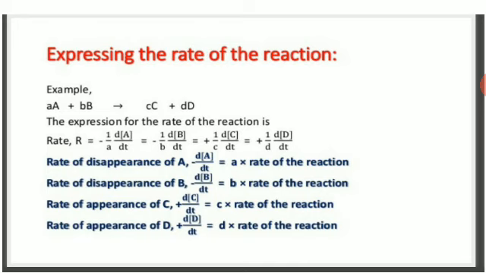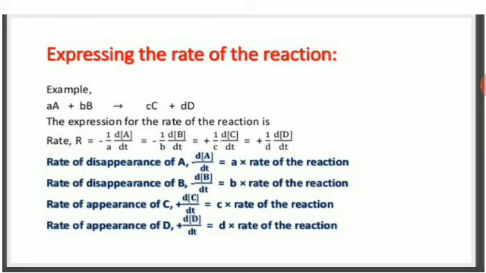So we can express the rate of the reaction for an example aA going to bB plus cC, where small a is the stoichiometric coefficient of A, small b is the stoichiometric coefficient of B, and similarly small c is the stoichiometric coefficient of C. So rate of the reaction will become minus 1 by a d molar concentration of A upon dt.